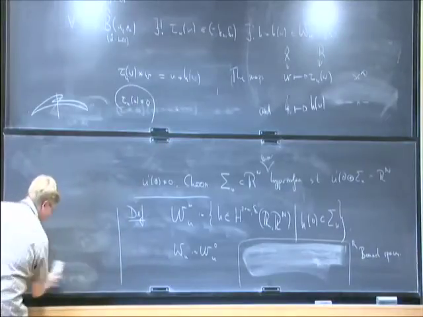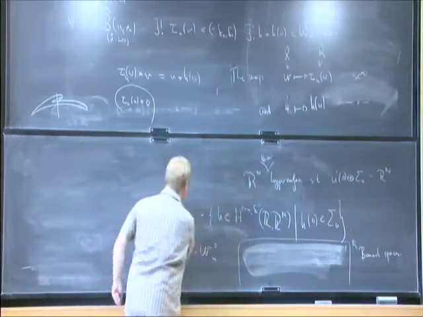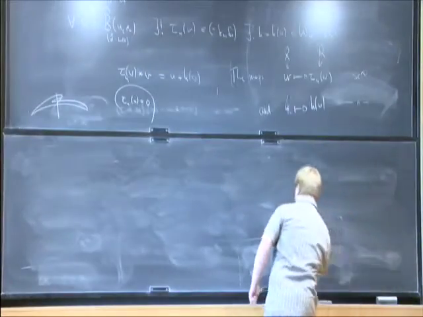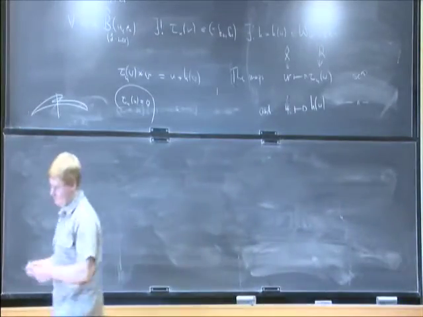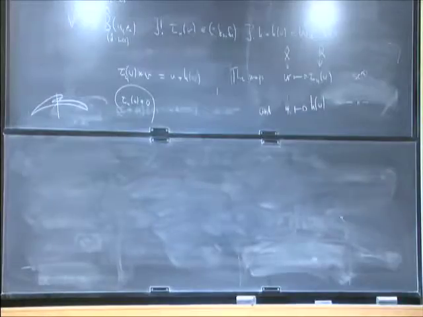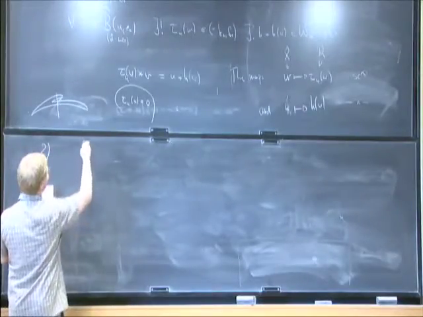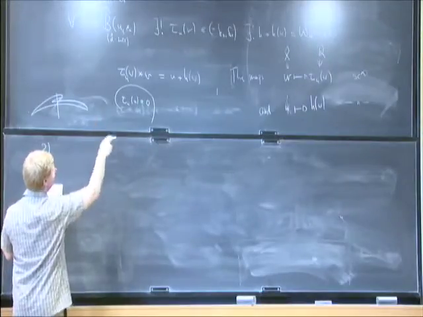Okay, so the equivalent version is very similar. Just want to write it down anyway. You don't phrase it in terms of W, but in terms of the vector fields here.